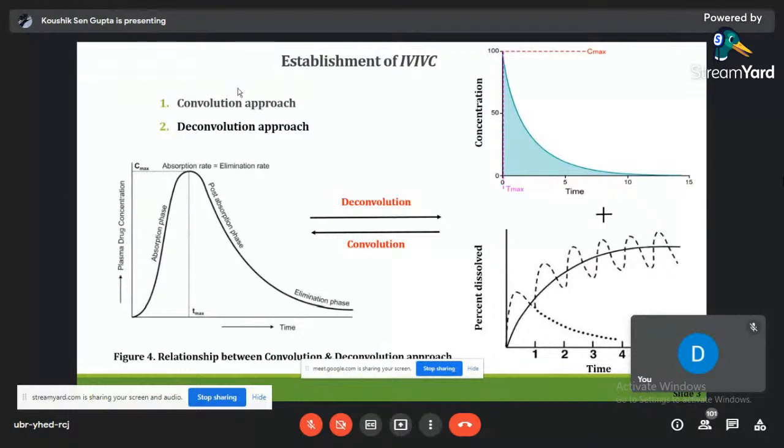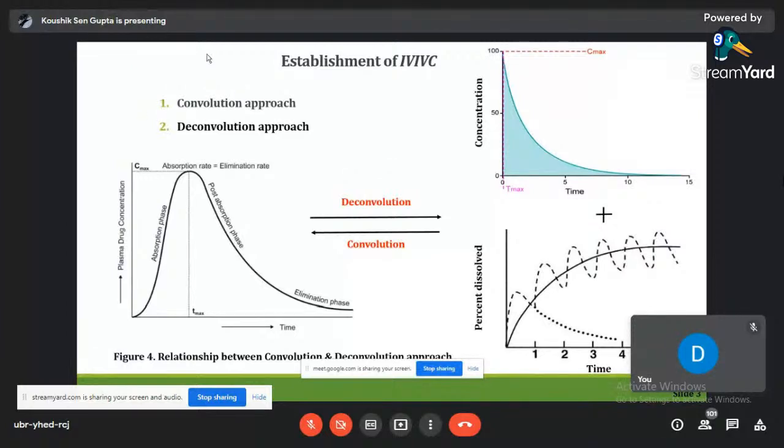In pharmacokinetics, the process can be divided into 4 phases: the absorption phase, the distribution phase, the metabolism phase, and the excretion phase. Elimination means metabolism and excretion. Both phases together are called the elimination phase.